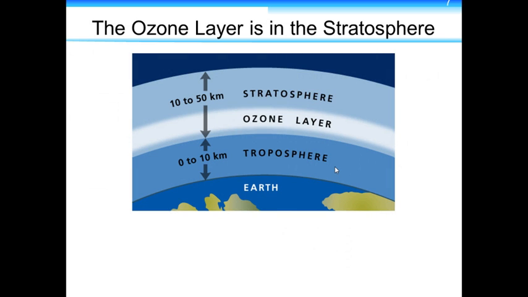The ozone layer is within the stratosphere. This picture here is showing that, okay, 0 to 10 kilometers is the troposphere. Then from 10 to 50 kilometers, we call that layer of the atmosphere the stratosphere. In the bottom part of the stratosphere, we have the ozone layer.